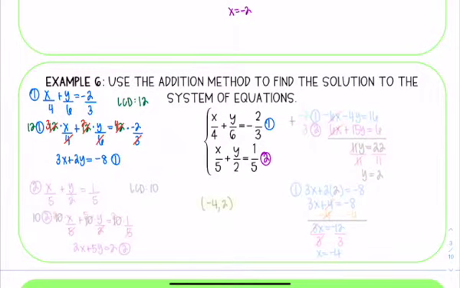Let's look at equation number 2. We've got x over 5 plus y over 2 equals 1/5. And so my LCD in this case is going to be 10. So we need to multiply every single piece by 10.